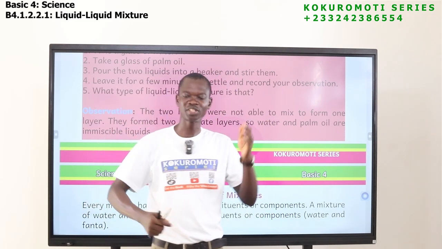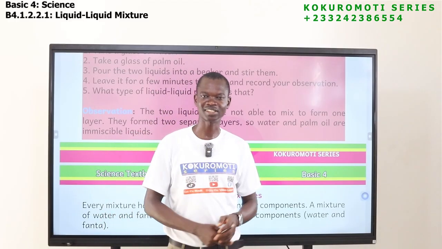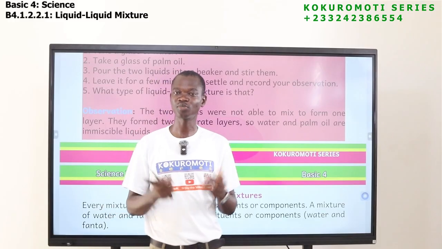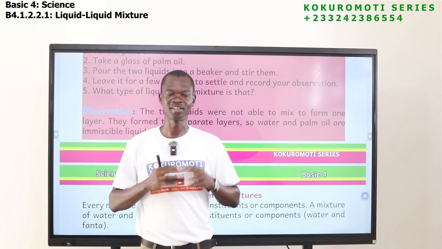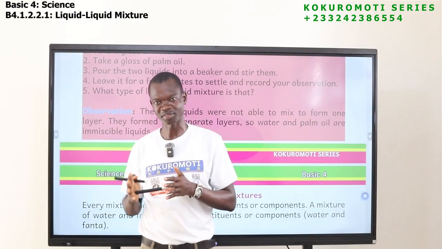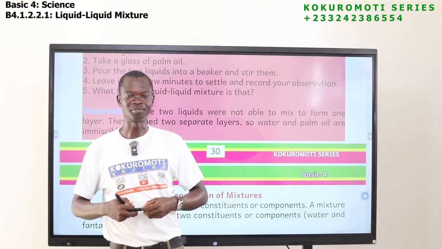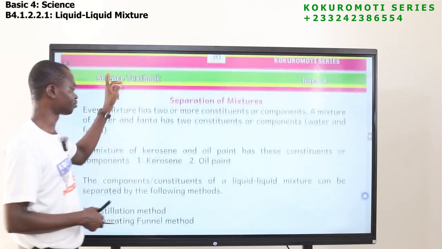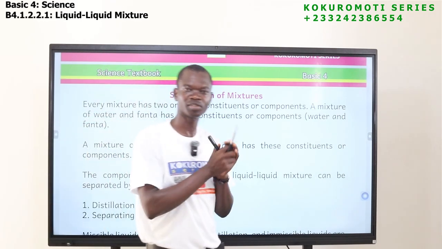And if I ask you to differentiate between miscible liquids and immiscible liquids, this one I know is a cheap bonus question for you. So this is what we have learned: miscible liquids, immiscible liquids. We have seen examples of these types of mixture.